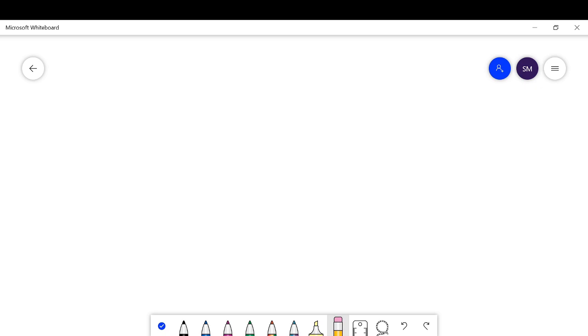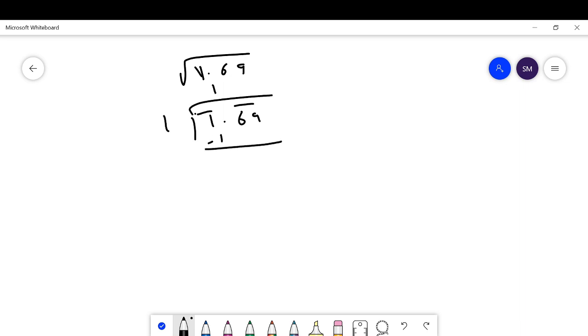Take more examples. Suppose the square root of 1.69. Then 1.69, make pairs. Then 1 1 is 1, 1 plus 1 is 2, then 69 comes down, then 23 after the decimal, then put the decimal here. 23, 3 3s are 69.